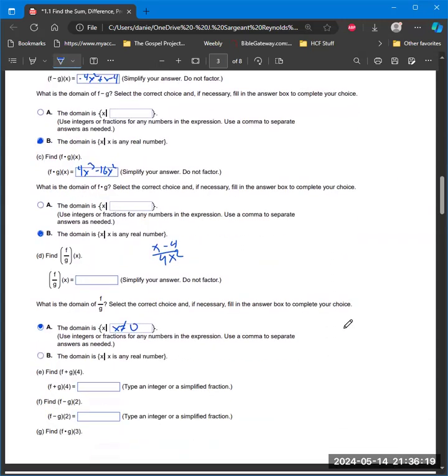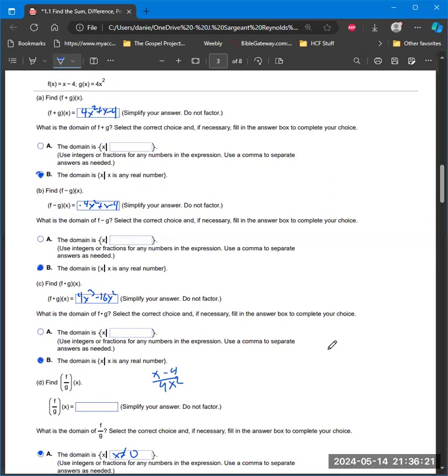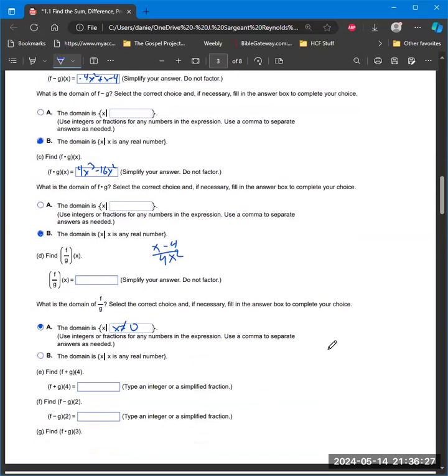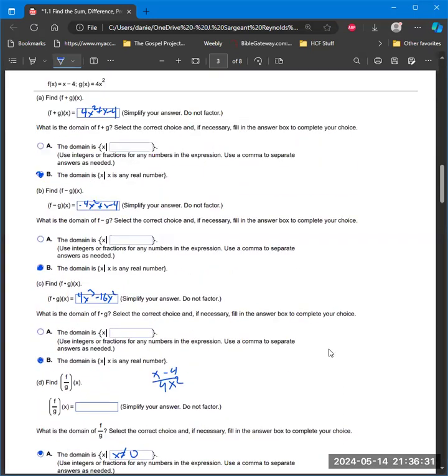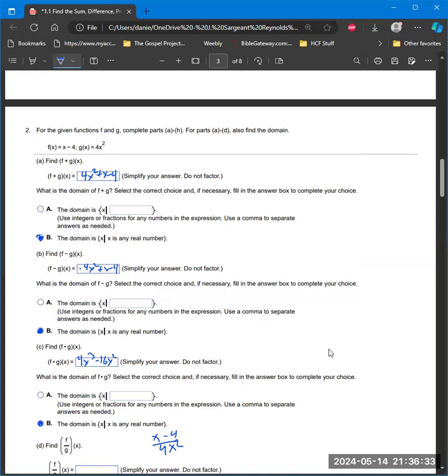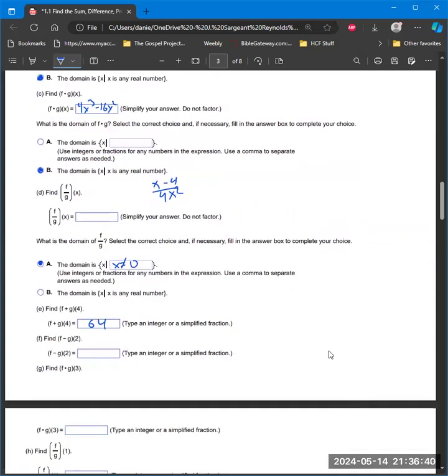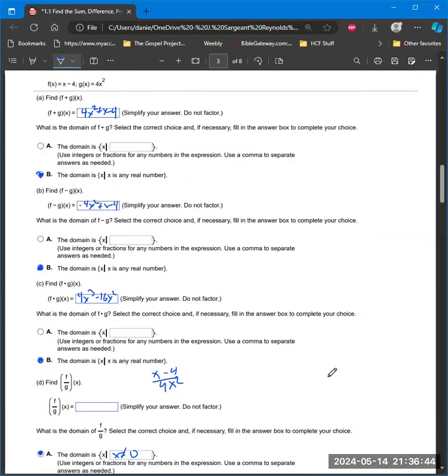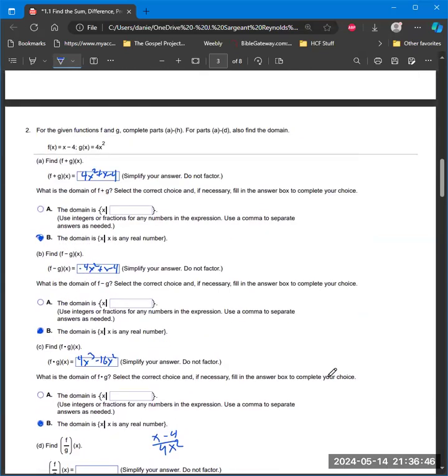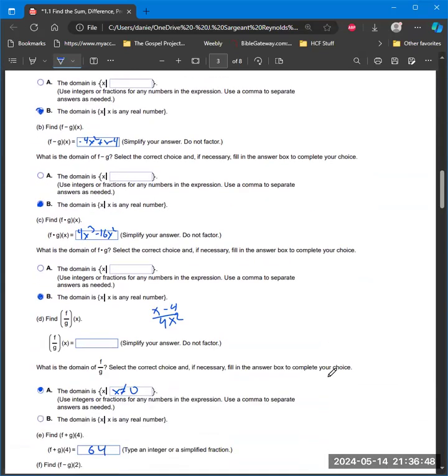Now let's stick some values in there. f plus g of 4 is going to be 64. f minus g of 2 is negative 18. f times g of 3 is negative 36.